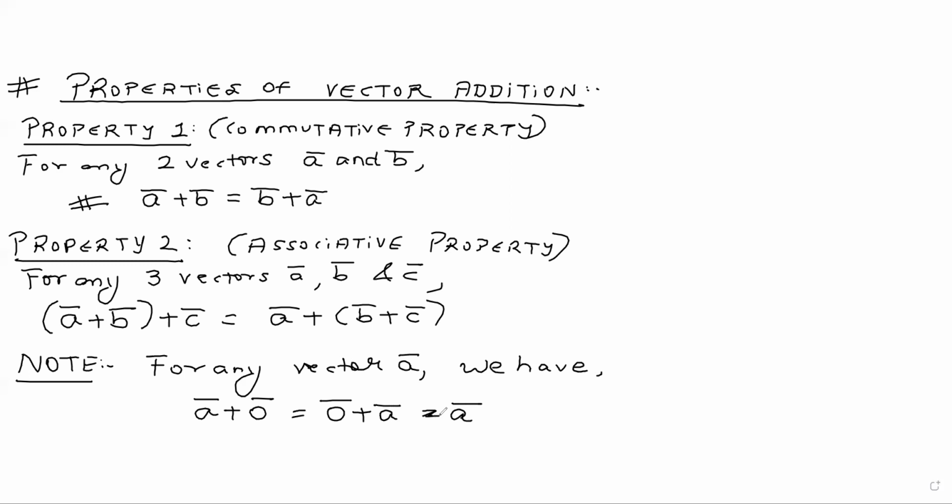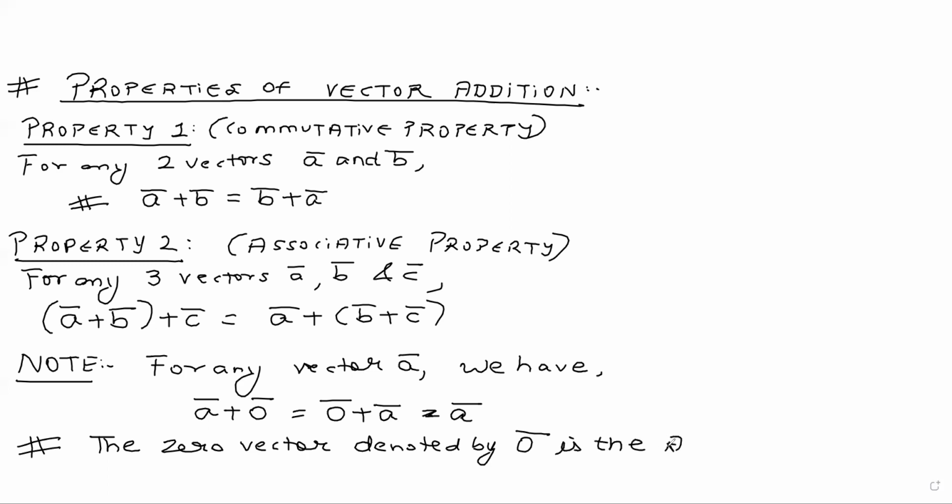So guys, what can I say? I can say that the 0 vector, denoted by 0 bar, is the additive identity for the vector addition.